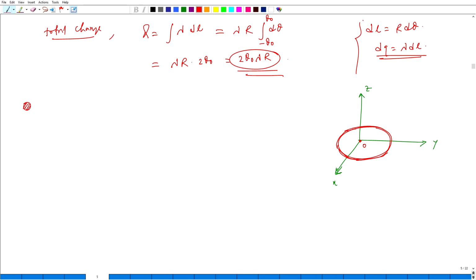We just saw before that the electric field at O due to this charge distribution of a ring becomes 0. Now if we calculate the electric field at some perpendicular distance from the origin, on the z axis, at a point P, this becomes non-zero.